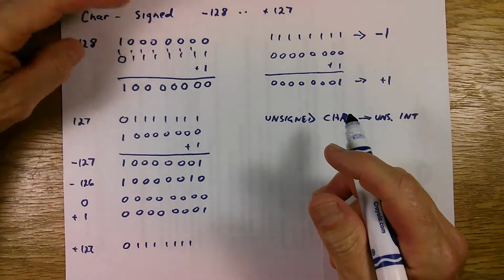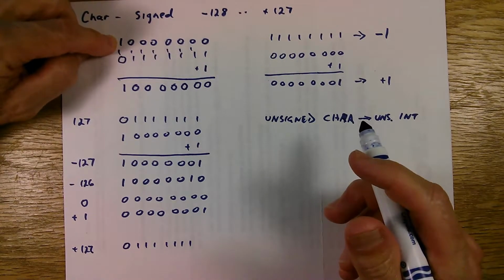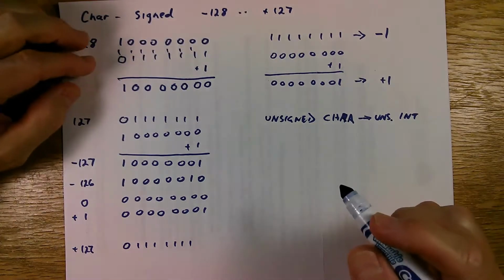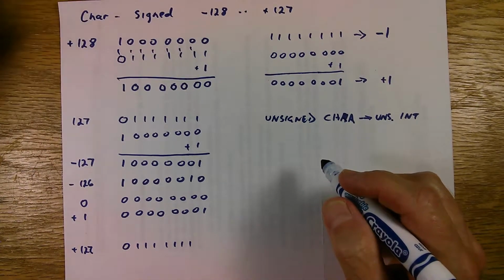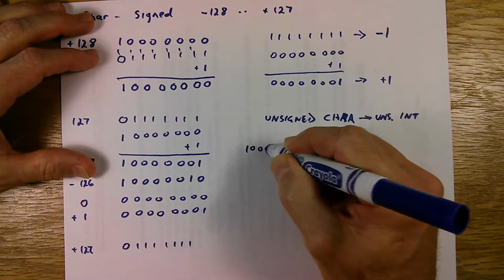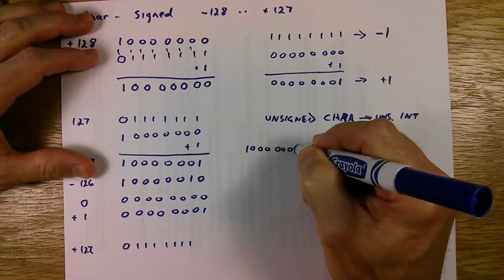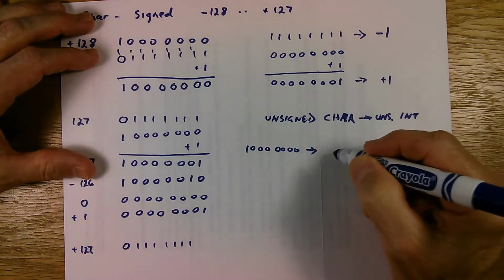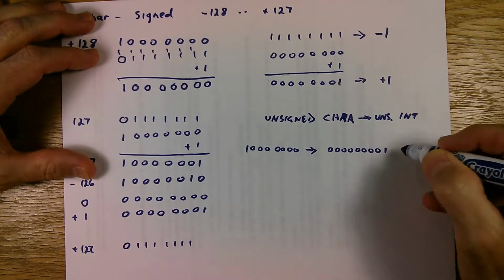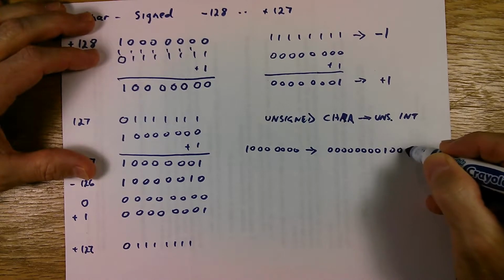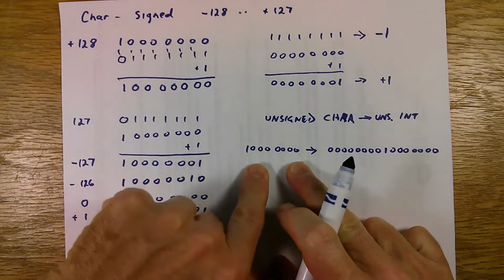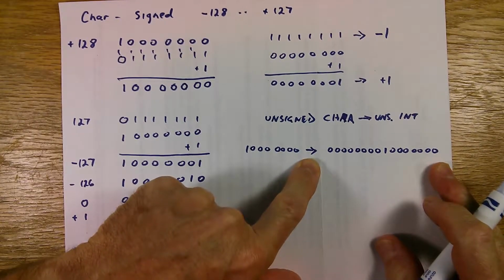So if, for example, my unsigned char had a 1-bit here, and I was going to convert that into an int, it's going to look like a bunch of zeros here. So we're going to take the 1, 0, 0, 0, 0, 0, 0. We're going to cast it to 16 bits. It's going to add another 8 bits. And the 1's going to go in there. And 2, 3, 4. So that's the cast of an unsigned char to an unsigned int.